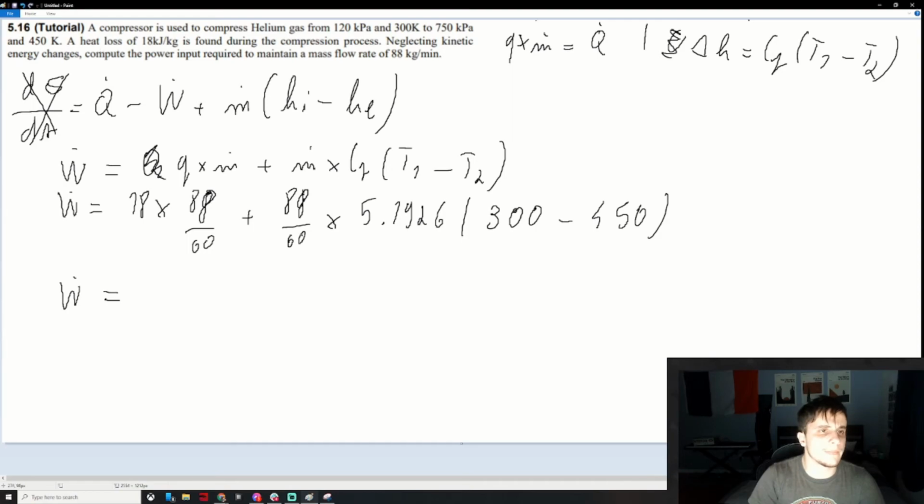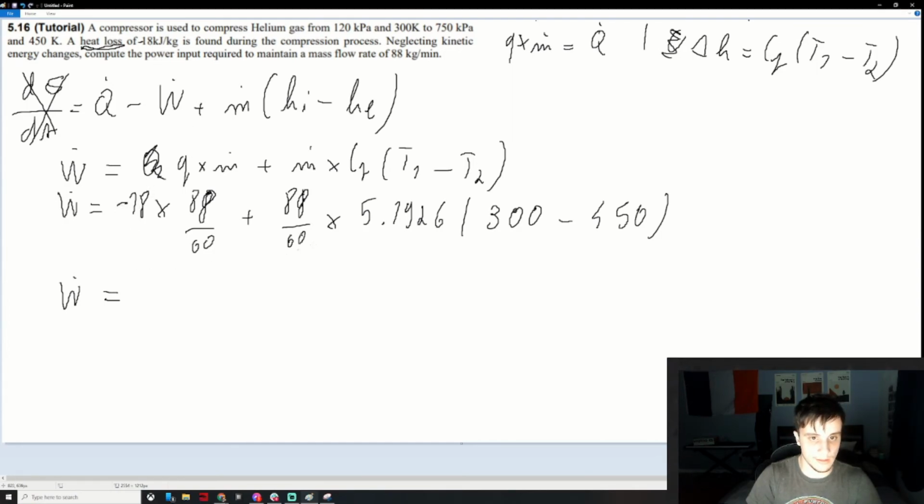One thing I need to clarify is we have heat loss. When we have heat loss, it's kind of like when we dissipate power. We're losing something from the system. The system is giving out something to the environment, or whatever the control volume is surrounded by. If we were to gain heat, it would have been positive, but since we're losing heat, it's actually minus 18.